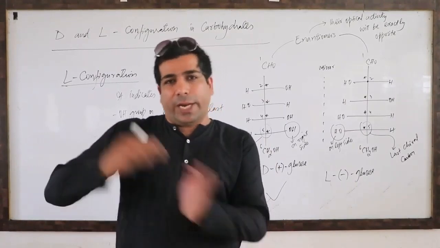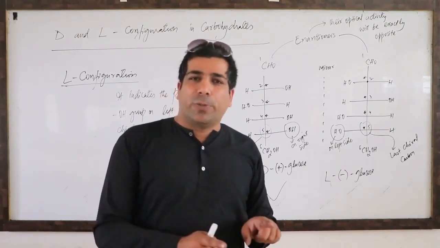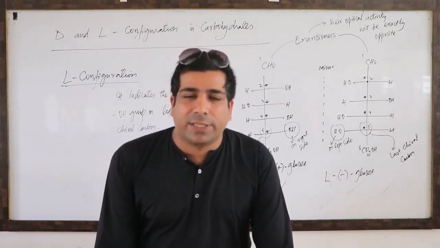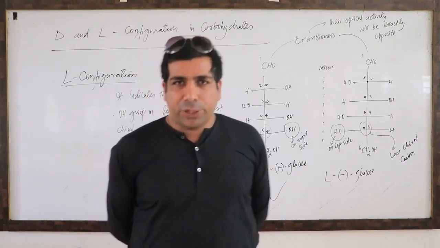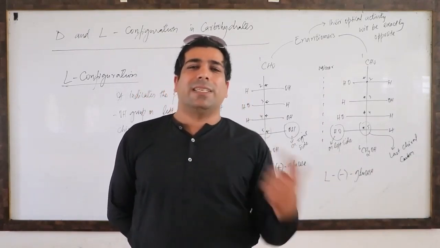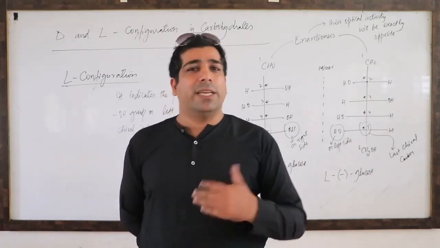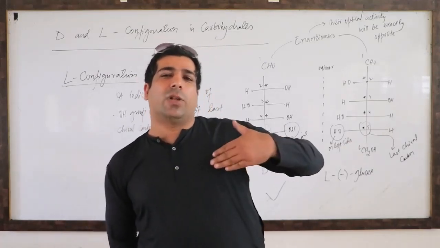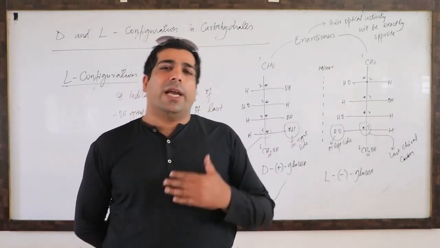I hope you have understood these D and L configurations. Small d and small l mean plus and minus. Plus means dextro-rotatory, minus means levo-rotatory. Dextro basically means to rotate the light in clockwise direction, and levo basically means to rotate the light in anti-clockwise direction.